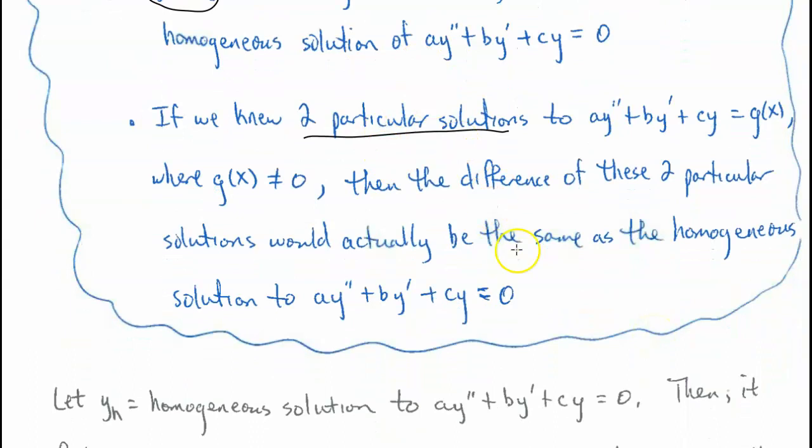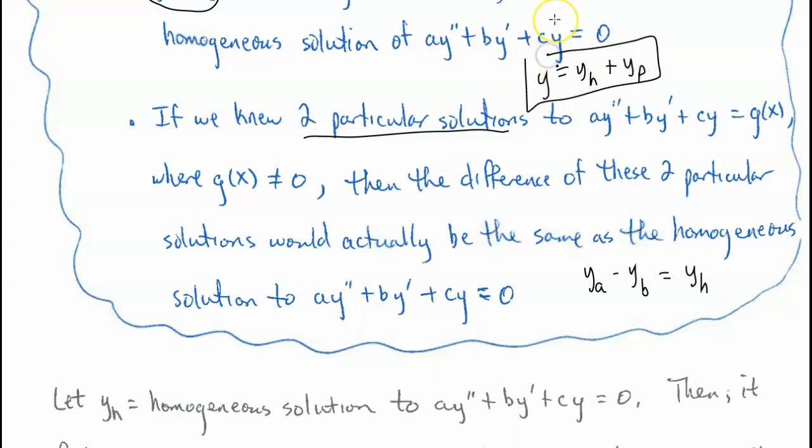But more so, and this is the special thing, I would be able to express one of the particular solutions as a sum of the homogeneous solution plus the other particular solution, okay? And that is the thing that we needed to know, because that's going to explain why we say that y is equal to the homogeneous solution plus the particular solution.